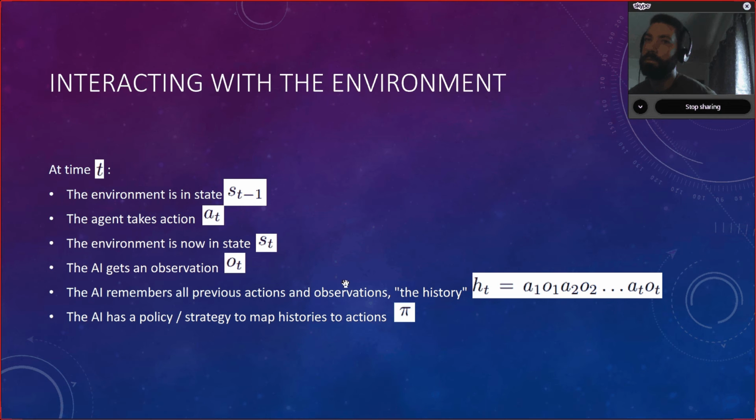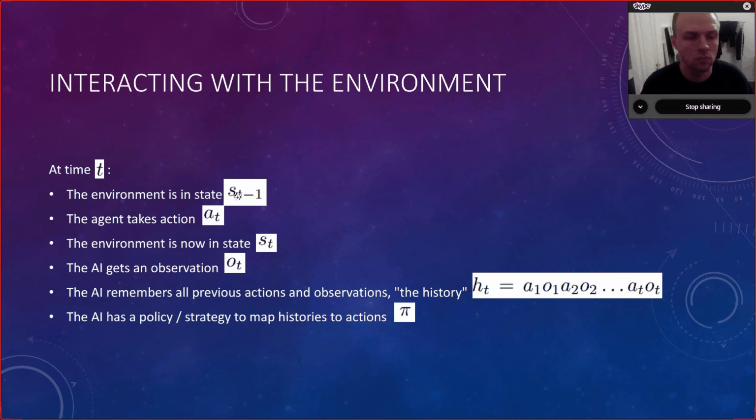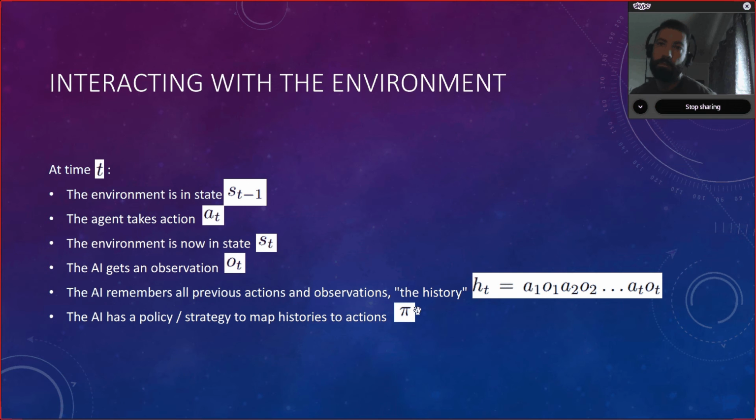So if you imagine at a time t, that's like on the 6th round, then this environment is in a state S5, and you will take action 6, and the environment will then turn into state S6. You'll get an observation O6, and the AI will remember everything that has happened until this point, because that's how it will figure out what the reward function is.